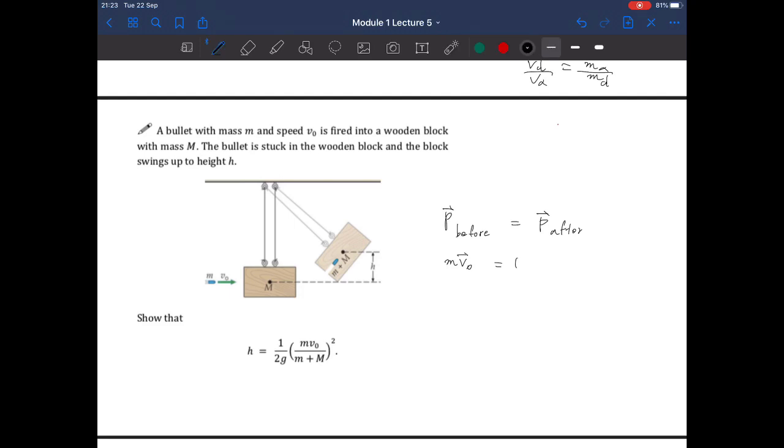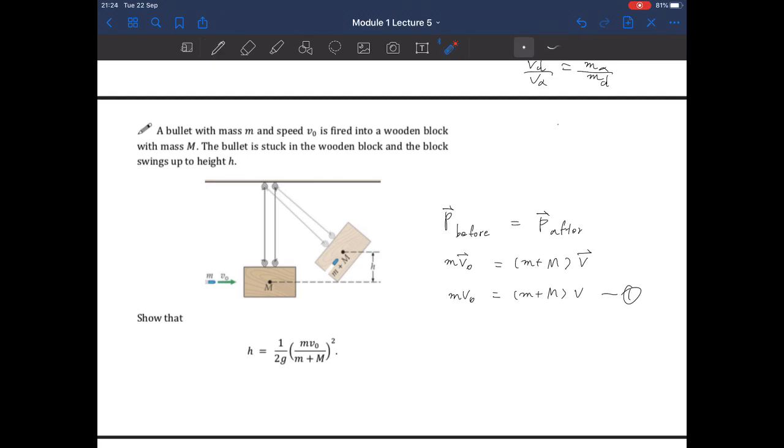So that would be m plus M, and then just v. Now because these two things must point in the same direction, we can just throw away the vector sign, and what we have is just m v0 equals m plus big M v. Okay, so that is equation 1.